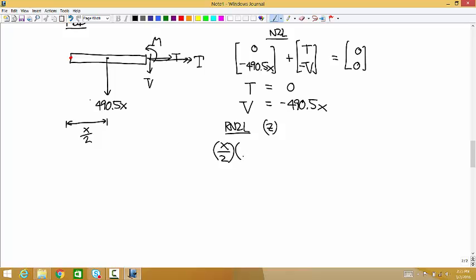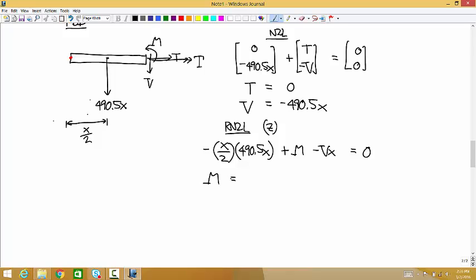The force is 490.5x. Would that be a positive or negative rotation about that red point on the left? Negative, clockwise. And then you have plus M minus Vx is equal to 0.